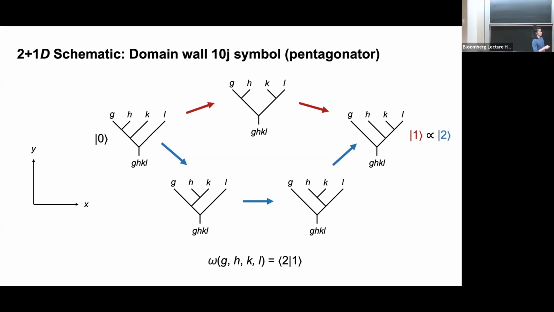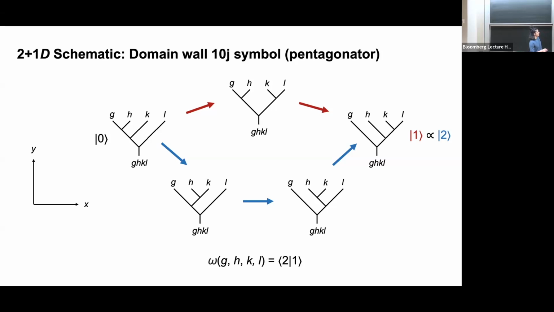For that reason, the 10J symbol is also called a pentagonator, in analogy with associator. But this probably isn't a very helpful thing to say, so let me explain what's going on here.